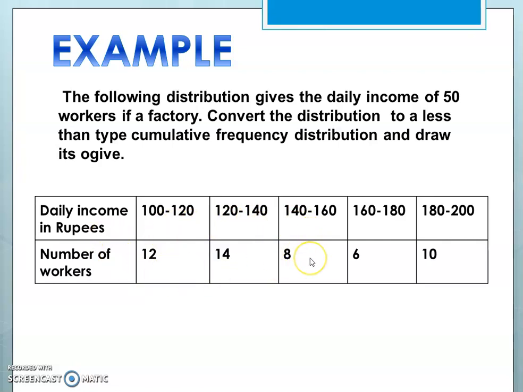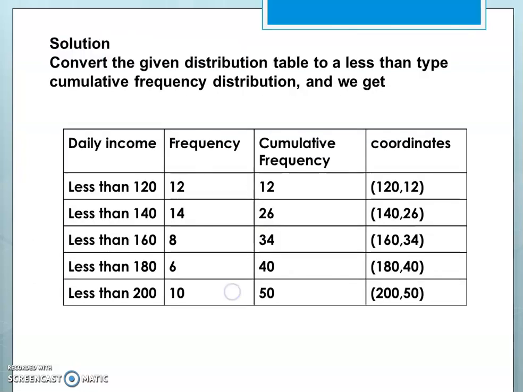All three will be included in that, so it will be 12 plus 14 plus 8, that is 34. Using this I have drawn this table. Less than 120, there are 12. Less than 140, there are 26. Less than 160, there are 34. Less than 180, there are 40. And less than 200, there are 50.